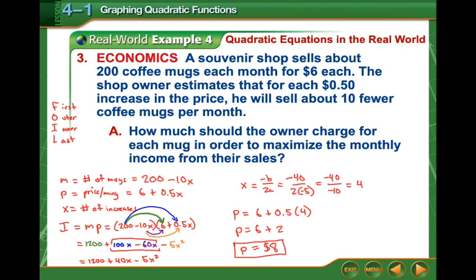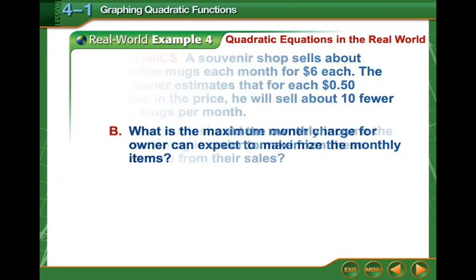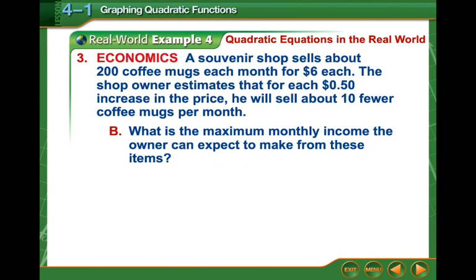There's a second part to this. So let's take a look at that. This one wants us to find his maximum monthly income. So now we want to actually figure out the rest of this, right? Figure out what that maximum value is for the y side.